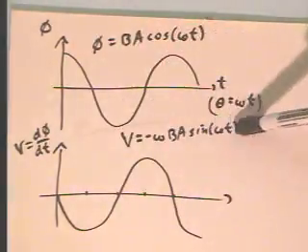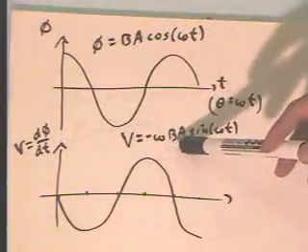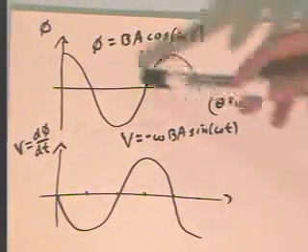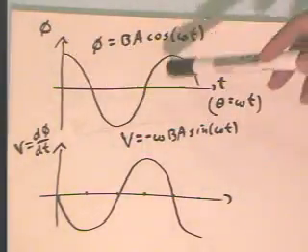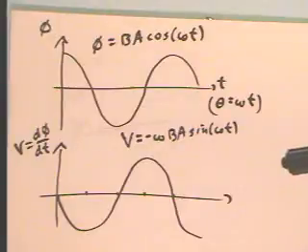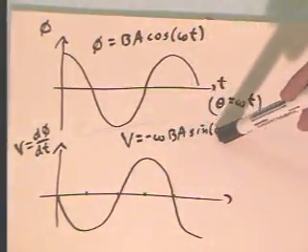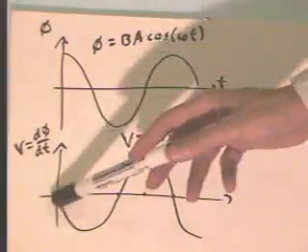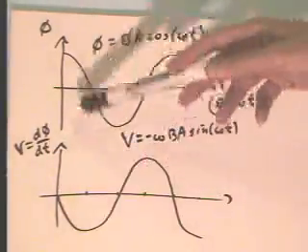The voltage that we get is d phi dt, and the derivative of this is just negative omega BA sine of omega t. Now here's the graph of BA times the cosine of omega t starting at t equals 0. And here's the graph of negative omega times BA sine of omega t. This graph is 90 degrees in phase ahead of this graph.